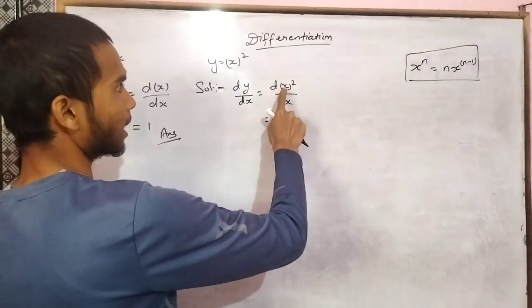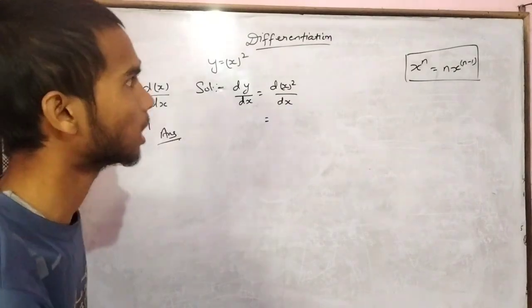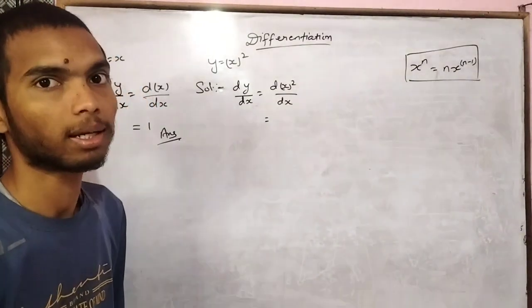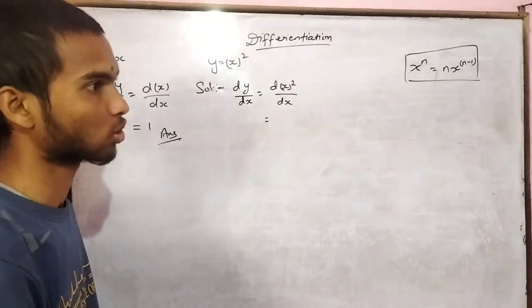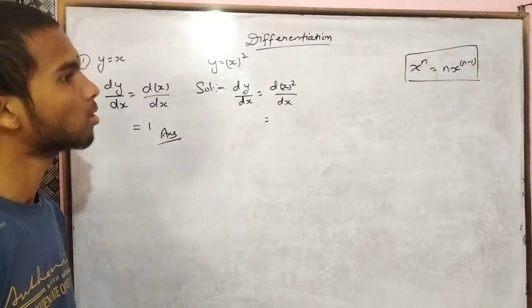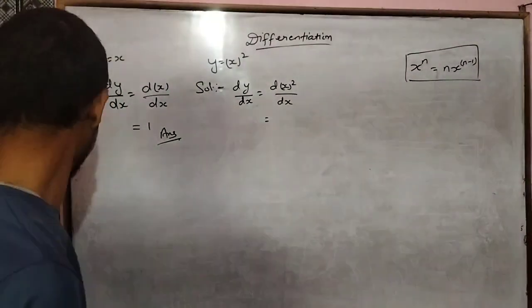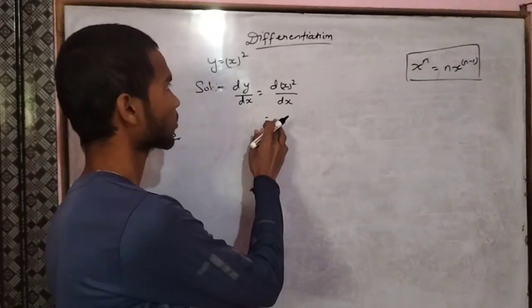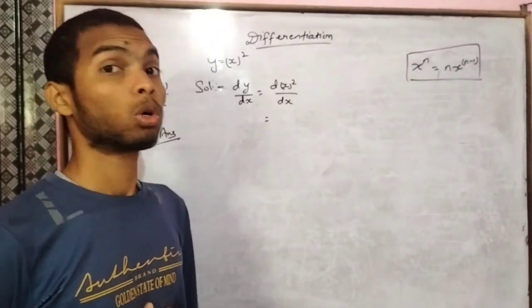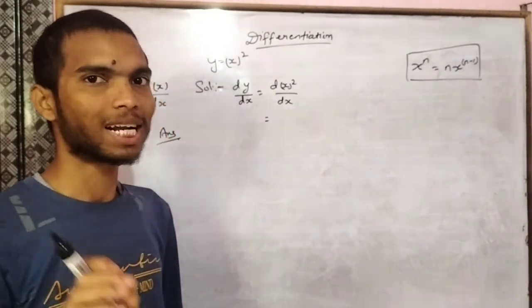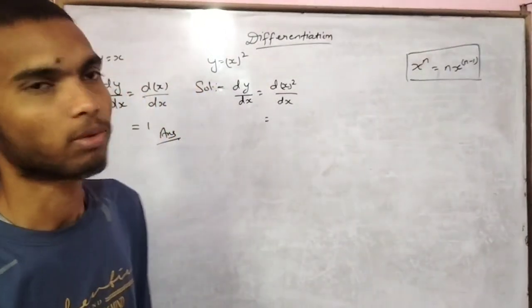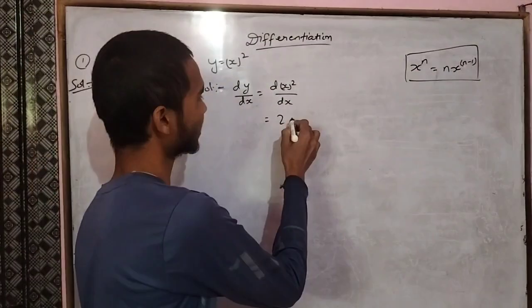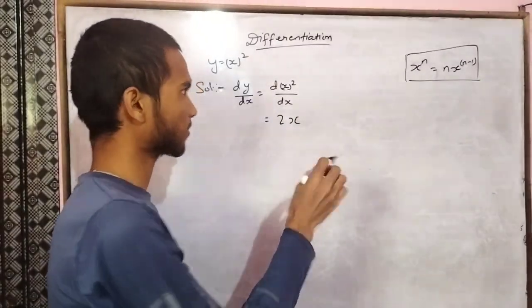Now, x raised to a natural number, here 2. So first we will write 2 because of the formula, then just the variable.